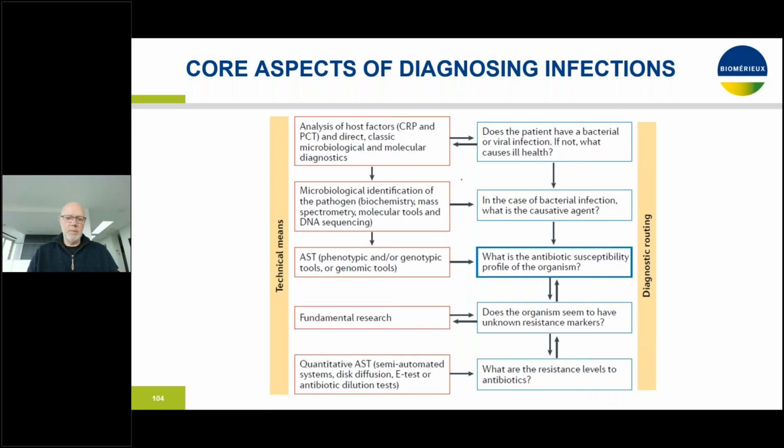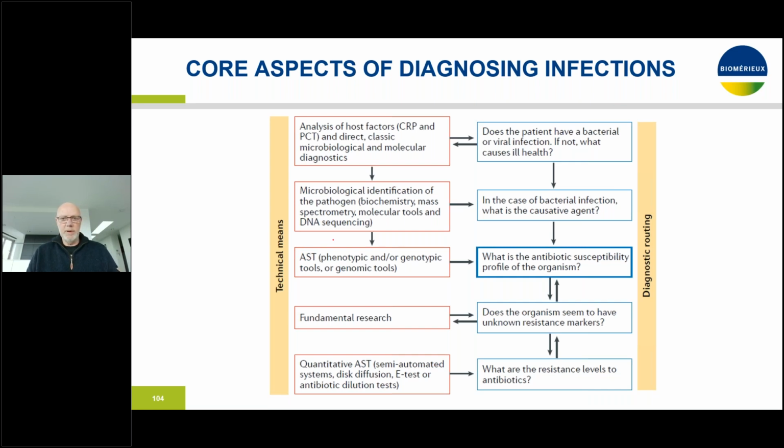Now I'll get back to that, but molecular diagnostics is one, and mass spectrometry, obviously, as you see in the second box here, is another example of a recent technology that improves this patient management approach. Of course, then there's the antimicrobial susceptibility testing, for which a wide variety of methods are available.